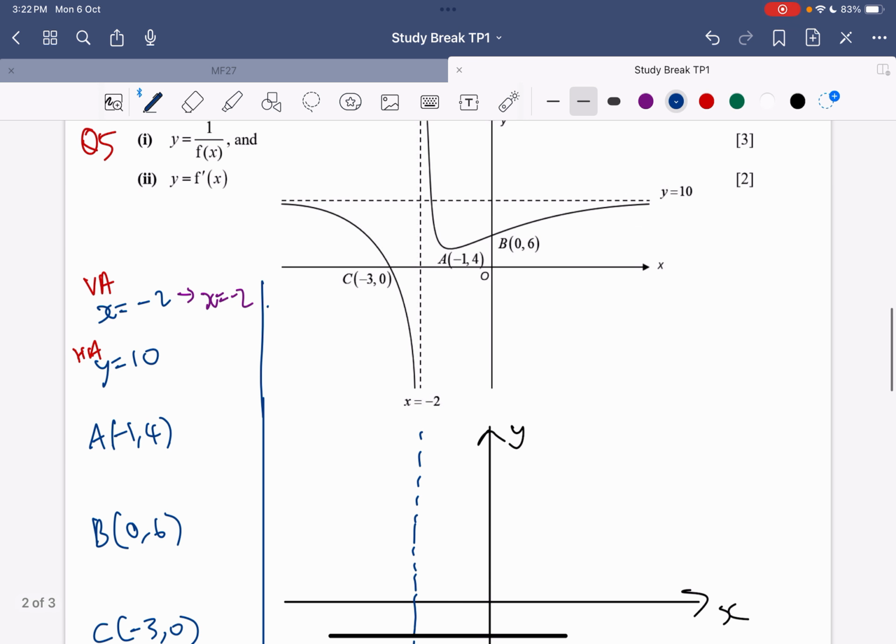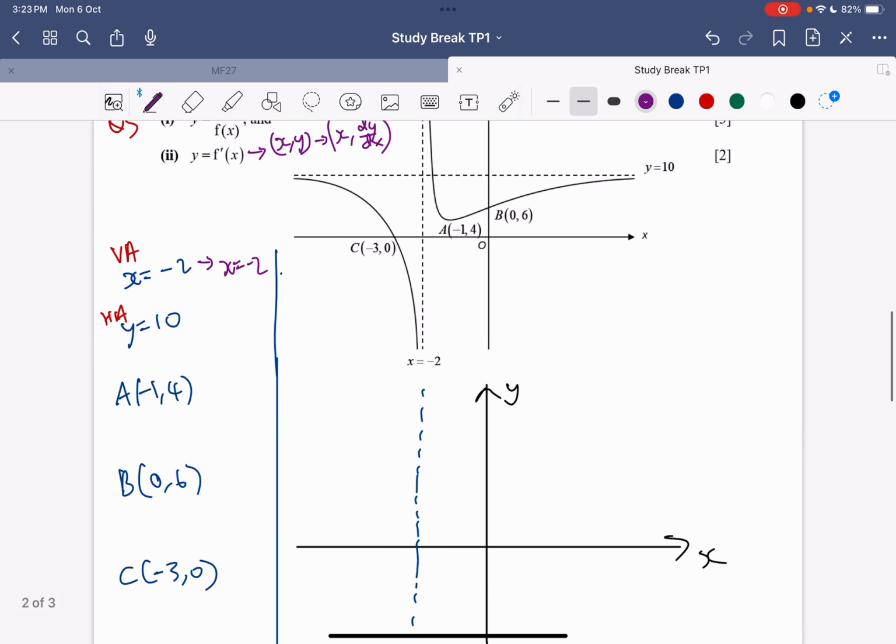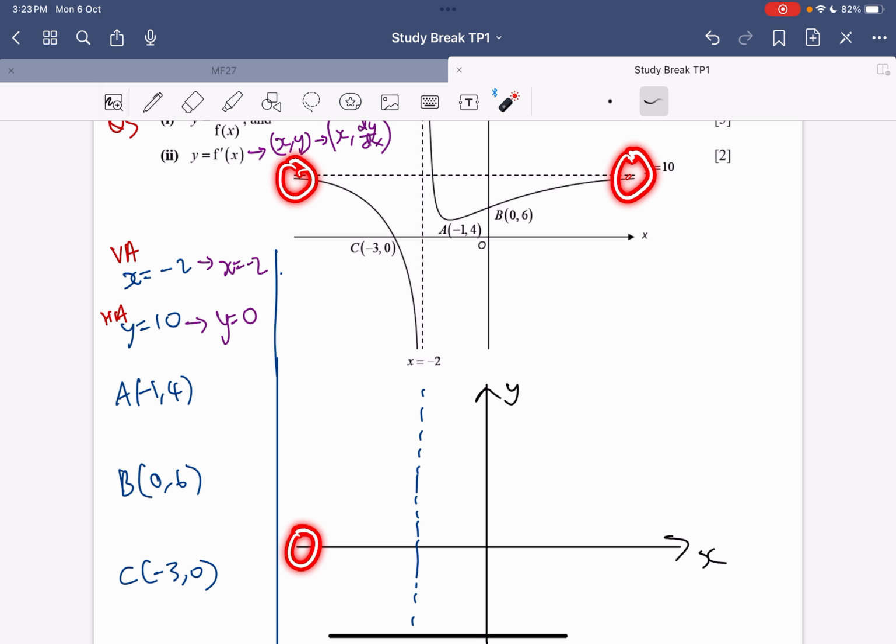Alright, so let me just write it here, that all the coordinates (x, y) have now become (x, dy/dx). Okay, the gradient is now your y coordinate. So we always take reference to what the gradient is at that location. So for the horizontal asymptotes, it will become just the horizontal asymptote y equals 0, which means that these are virtually gradient 0, right, at the two extremes. So over here, gradient 0, gradient 0.